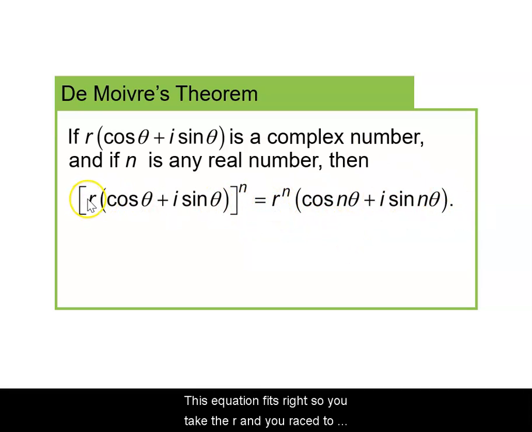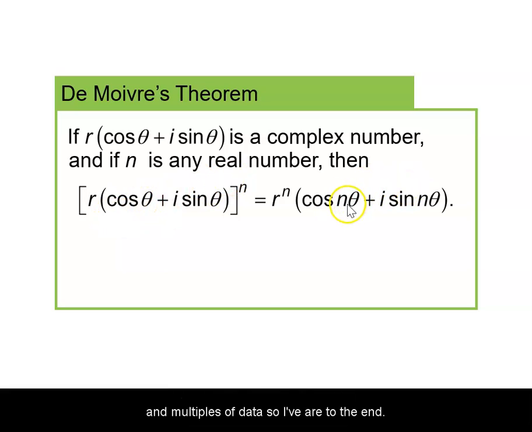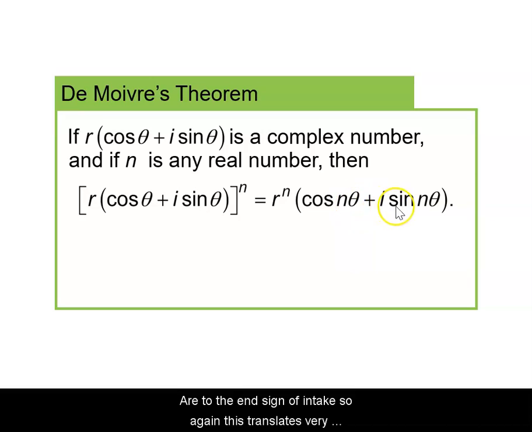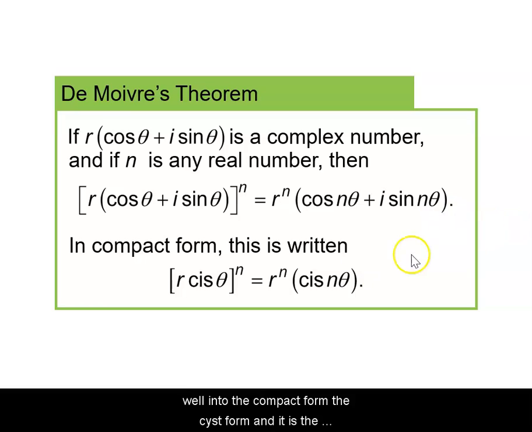You take the r and raise it to the nth power, and the trig functions use n multiples of theta. So I have r to the n times cosine n theta plus i r to the n sine of n theta. This translates well into the compact cis form, and it is the same thing as a plus bi all to the nth power, because this is just the polar form of a plus bi.